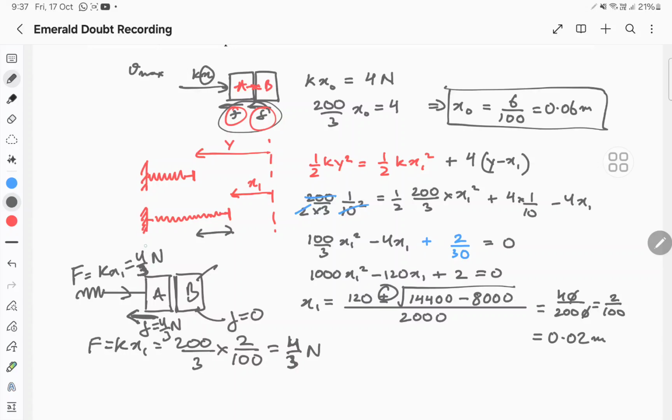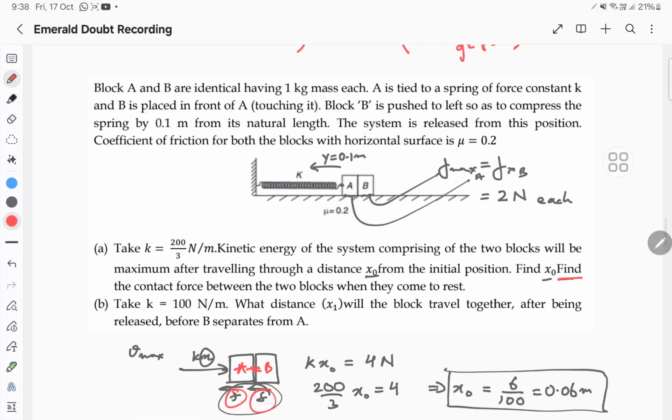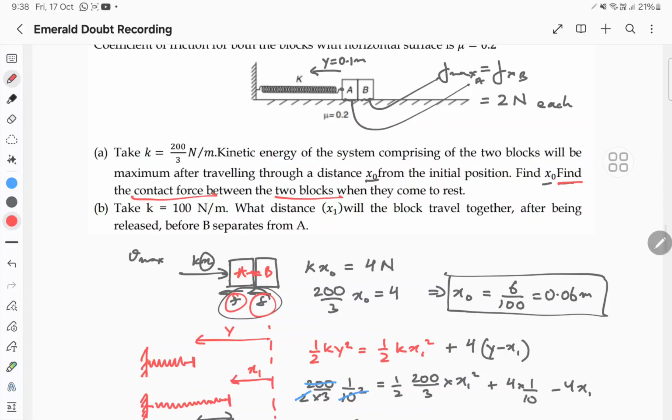Body A is not having any net force. The push of 4 by 3 was there and a friction of 4 by 3 countering it. For B also there has to be no force. So this push from A, action reaction, this R has to be 0. So there is no contact force. They have asked for contact force between the two blocks. So there is no contact force between the two blocks.